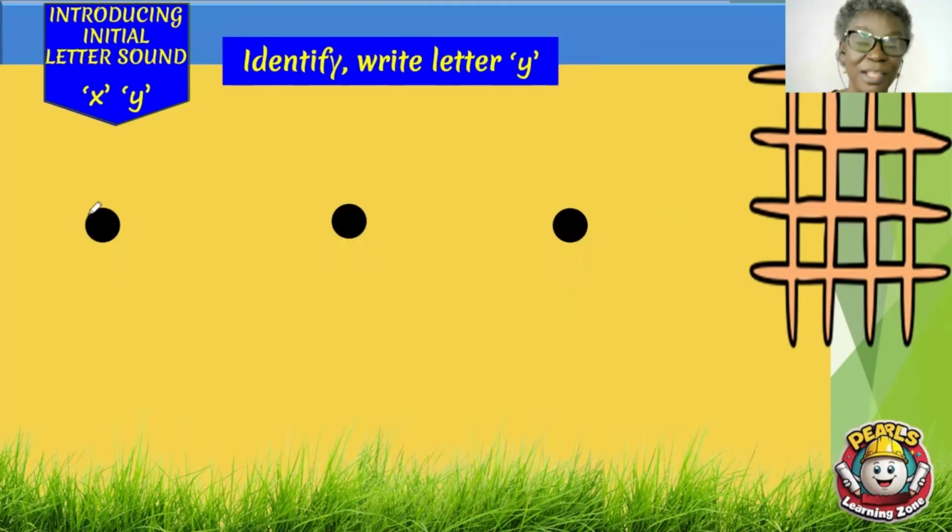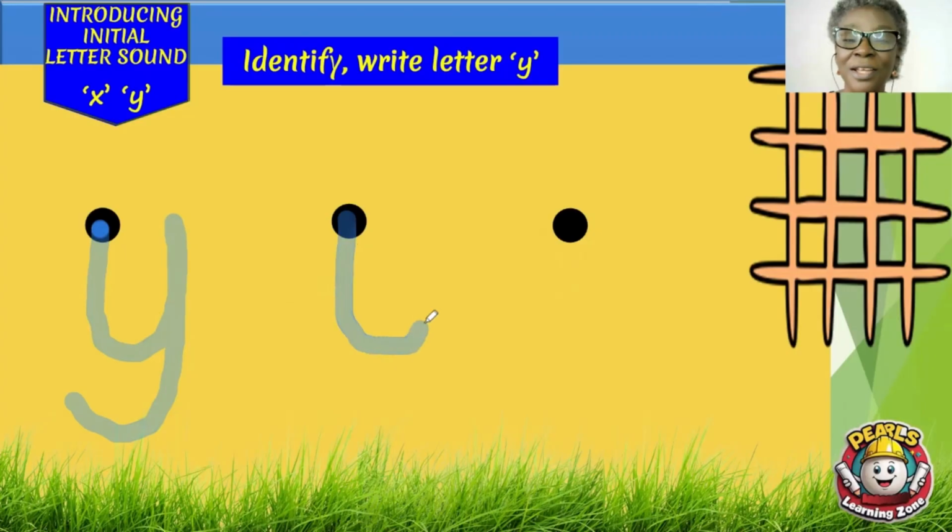So, you remember how we started? Halfway, as if you're writing a U, bring it down and curve. Okay? Let's go again. Halfway, curve, go up, bring it down. Good. Okay? And then this.